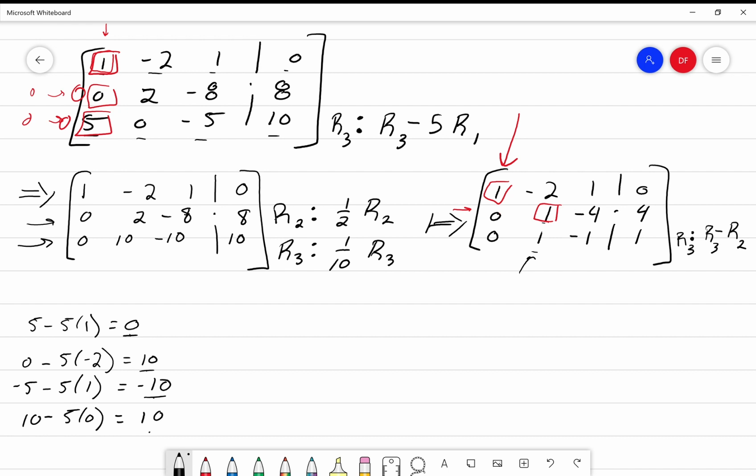So when I do that, I will have 1, negative 2, 1, 0, 0, 1, negative 4, 4, 0, 0, and then I should do negative 1 minus negative 4, which is going to be negative 1 plus 4, which will give me 3. And then I should do 1 minus 4, so 1 minus 4, which will give me negative 3.